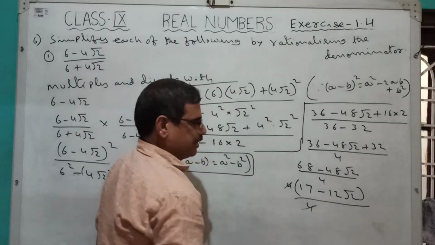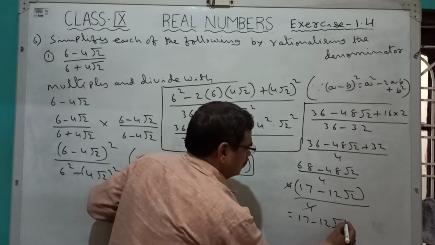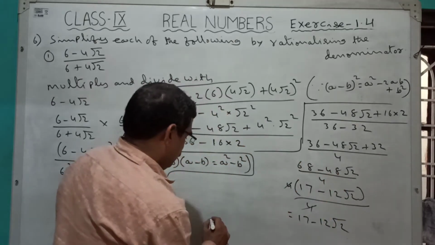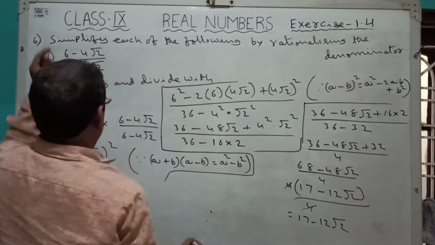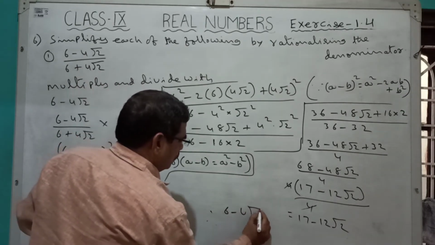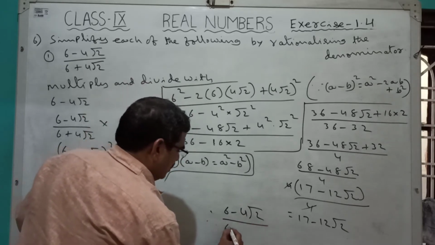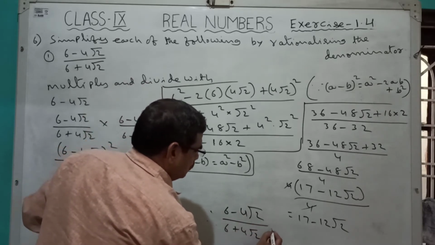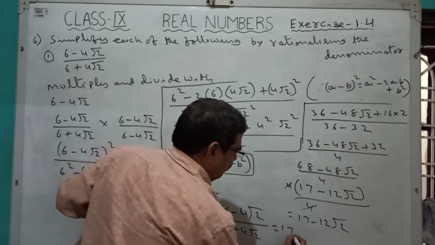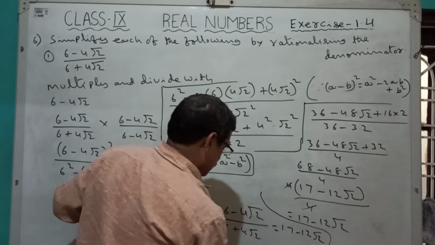This 4 gets cancelled. So the answer is 17 minus 12 root 2. Therefore (6 minus 4 root 2) by (6 plus 4 root 2) is equal to 17 minus 12 root 2. So this is the final answer.